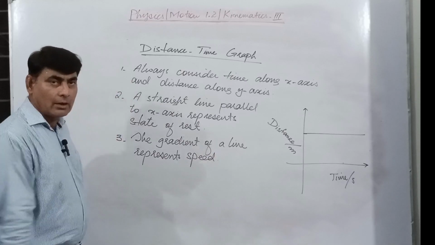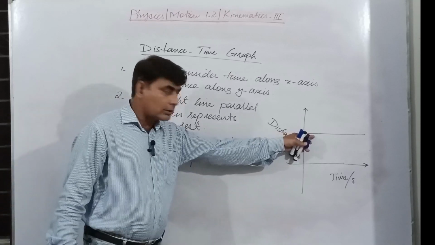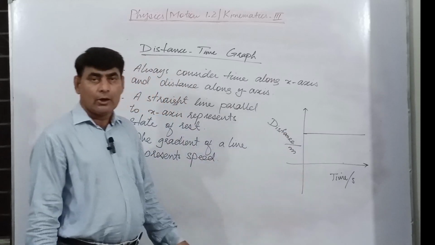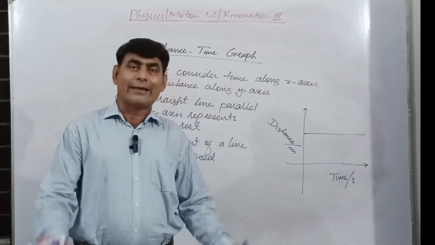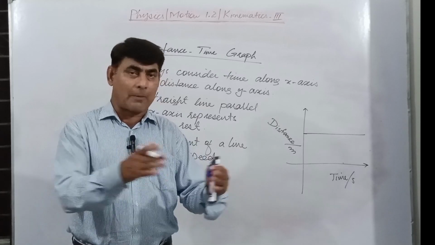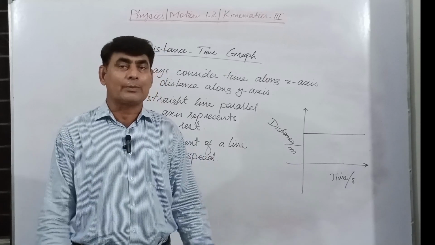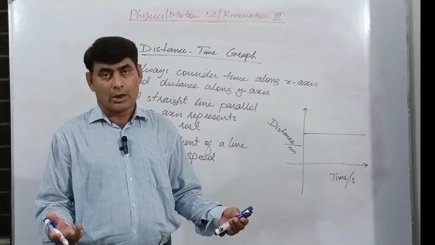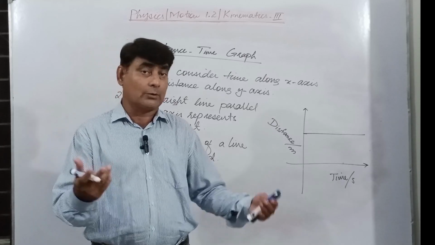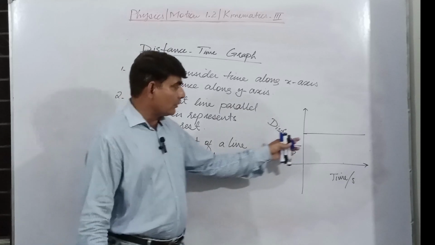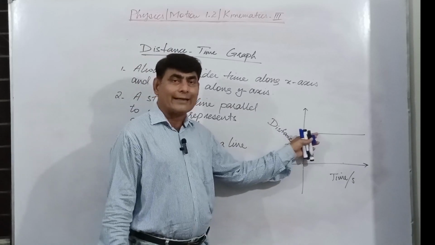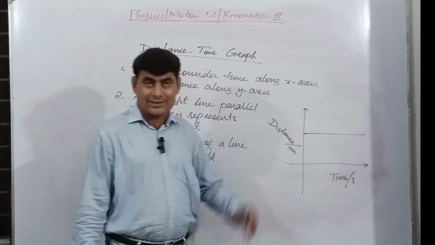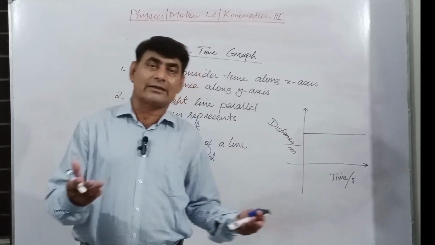So what is the gradient of this line? If a line is parallel to the time axis or x-axis, it has no inclination, so theta would be 0 and tangent 0 degrees equals 0, right? In other words, in y2 minus y1 there is no change in vertical distance, so both are the same values.